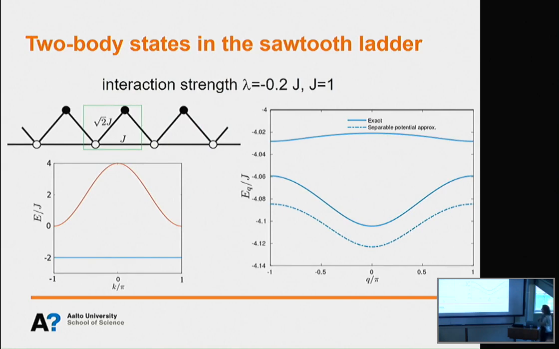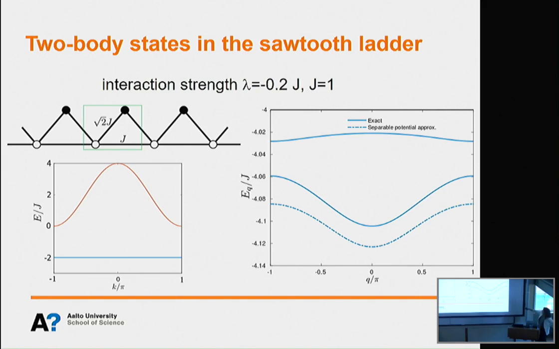Then we looked at a couple of model systems that you could do in your lattices if you are bored with the square lattice. So for instance, this sawtooth ladder, this is the band structure. There is one flat band, and nicely it's the lowest one.